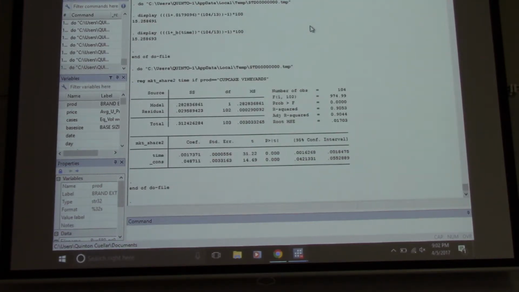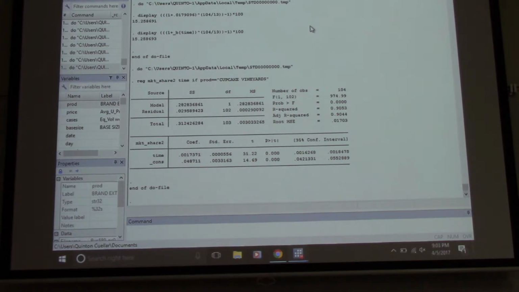Let's see. Market share. So this, let's see, how do we interpret this? Market share is already a percentage, right?